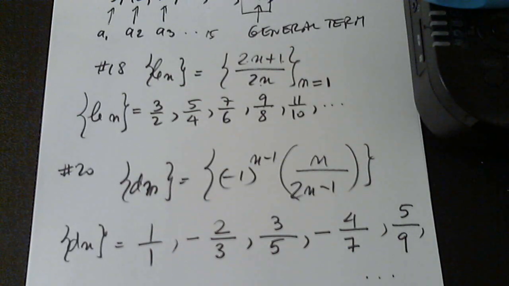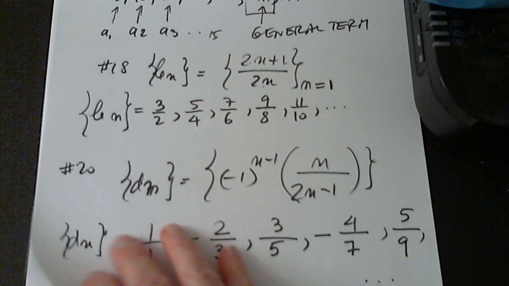Okay. Any questions, please? Now, write down the nth term, the general term, of a sequence suggested by the following pattern. Anyone would like to pick? Please do so. If not, I will.